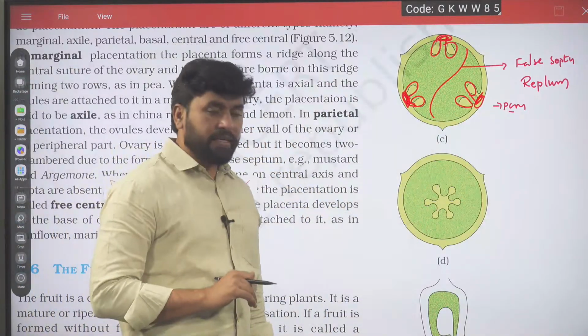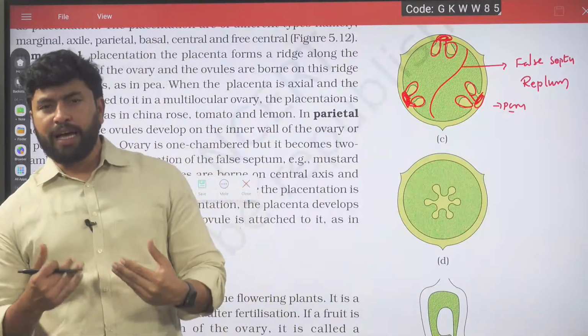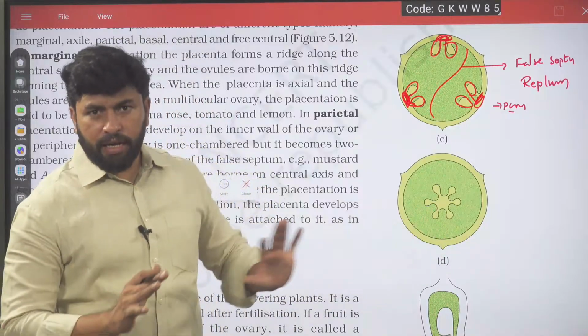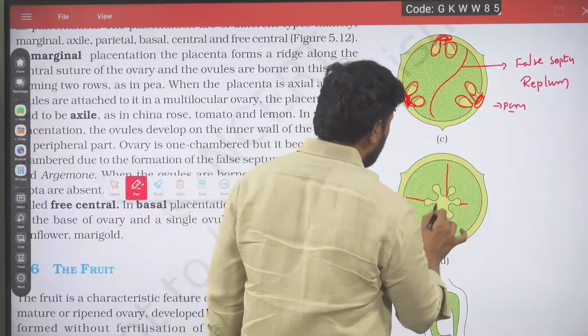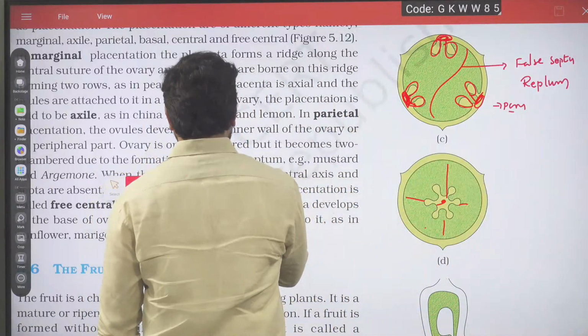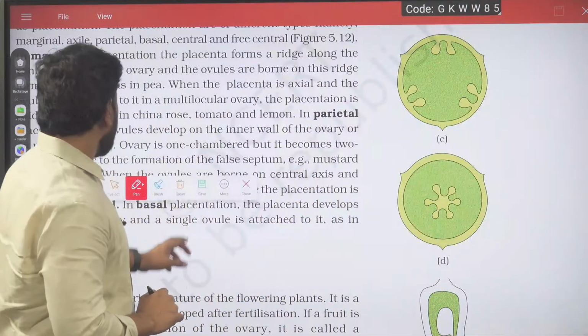Next one, free central placentation. It is equal to axial placentation, but in axial placentation there is a development of septum. Here there are no septums at all. That's why it is called free central placentation. The placenta is present in the central portion without any kind of septum.